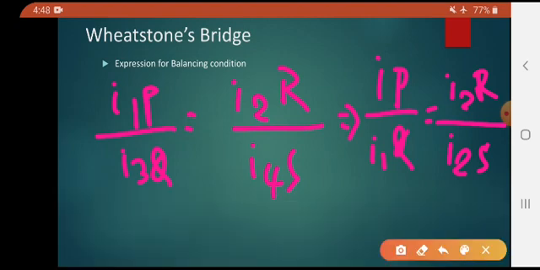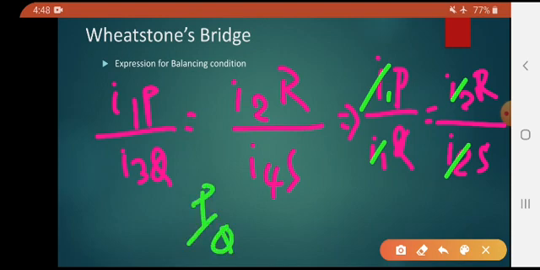Now here I1 cancels, I2 cancels, so P by Q equals R by S.